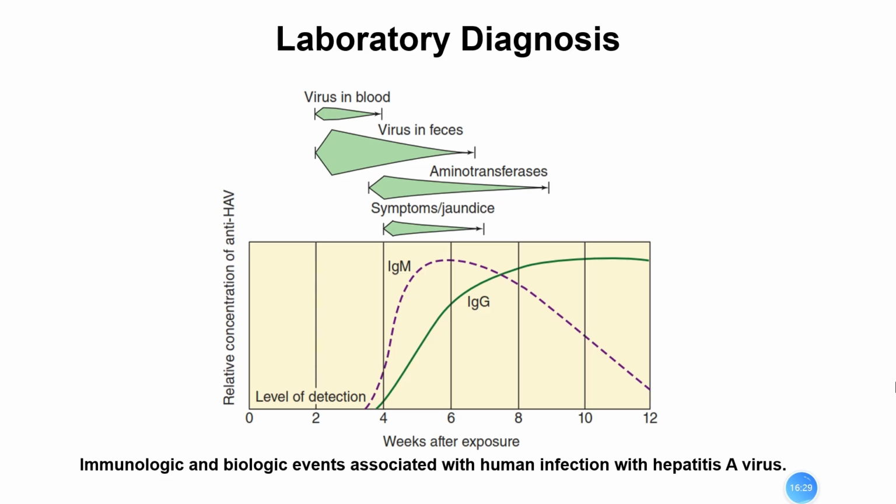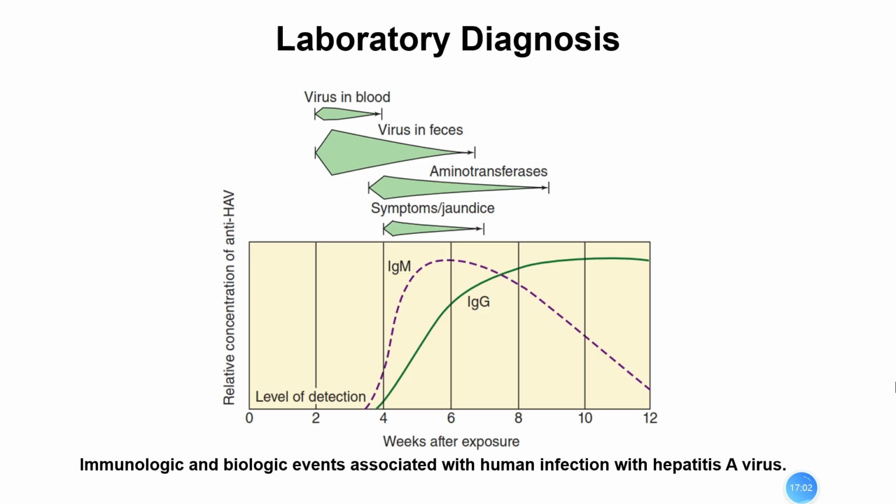But if you check the virus load either in the patient's blood or in the patient's feces, you can see that the virus load peaks at around 2 weeks. So that's before you even notice a person is infected. So it's not easy to prevent the spreading of the virus.